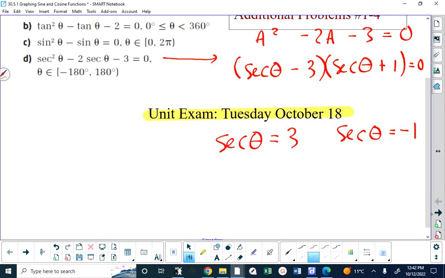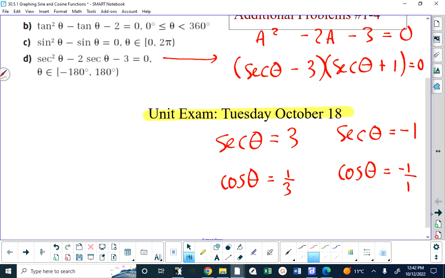And then you're not quite in the realm of a grade 10 or 11 question because those are reciprocal trig ratios. But you can proceed in that direction by writing this as cosine of theta equals 1/3 and cosine of theta equals 1 over negative 1, which is still negative 1. And then you proceed from there.